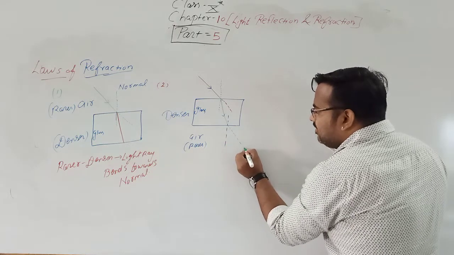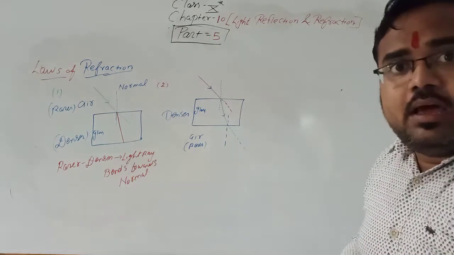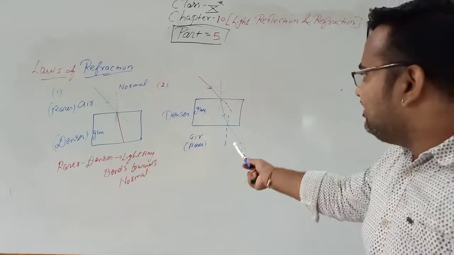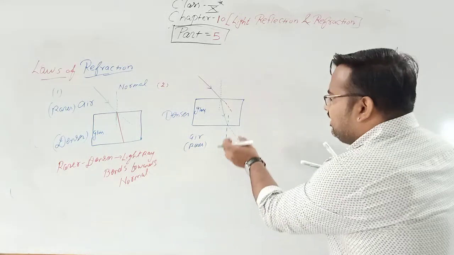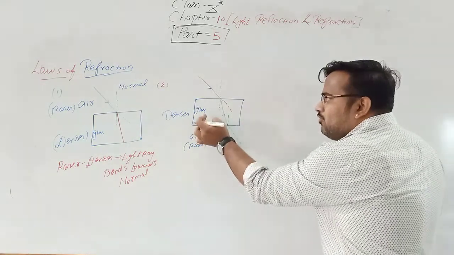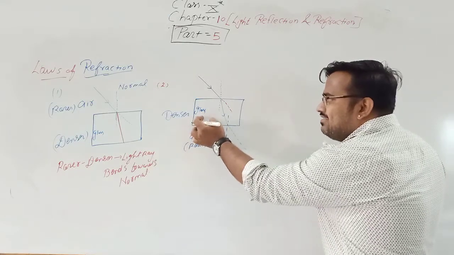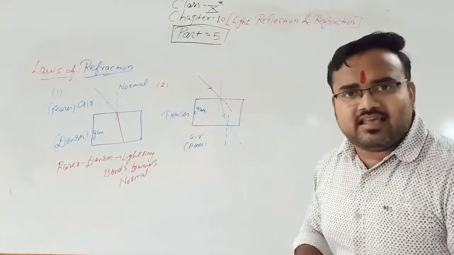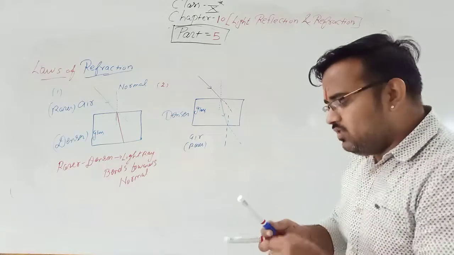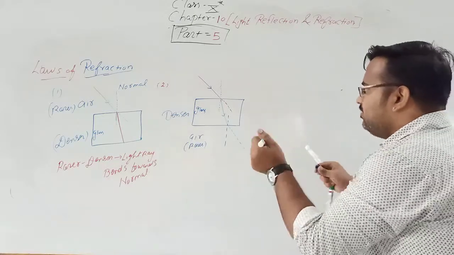But since it has changed the medium, that is from glass to air, denser to rare, our law says that it will be bent away from the normal. Clear?